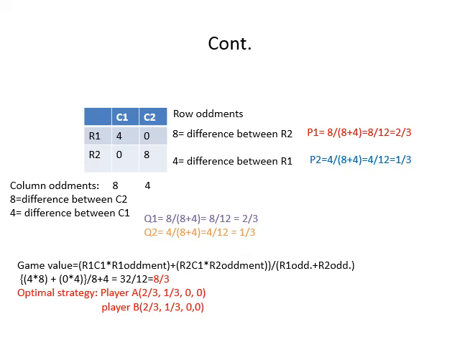Q1 equal 8 over 8 plus 4, 8 over 12 equal 2 over 3, and Q2 equal 4 over 8 plus 4, 4 over 12 equal 1/3. Now we will use one method to find the game value.